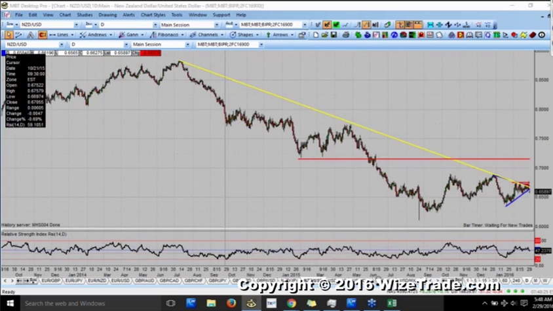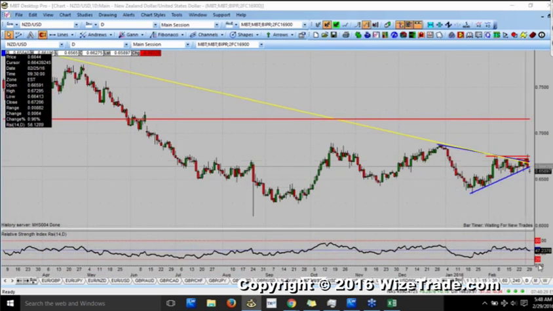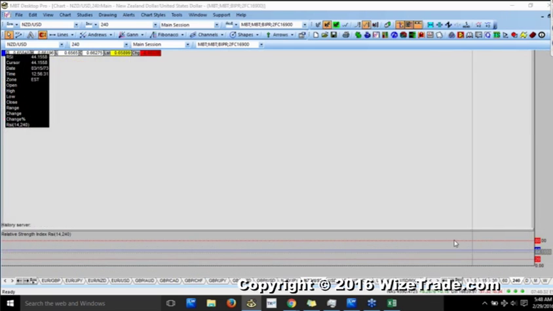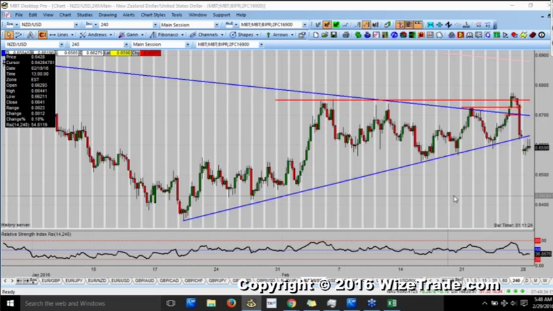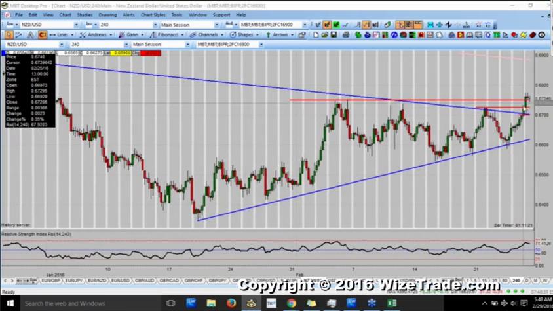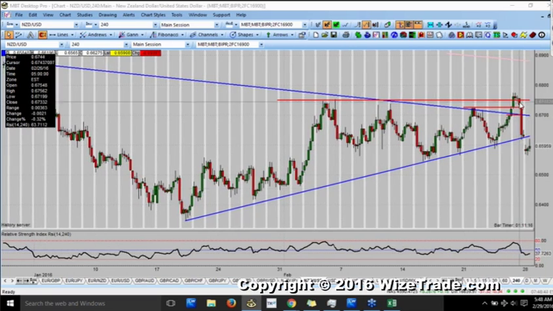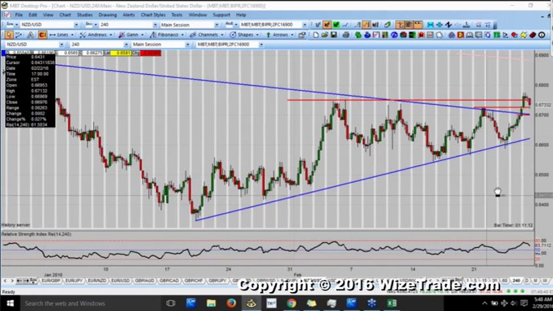I was long some Kiwi, and I got out of it early Friday, thank God, because on Friday we had this little breakout here, Thursday, Friday, and I got out because I wasn't comfortable. We were trading around 67 and a quarter or so. I wasn't comfortable that it wasn't holding, and it was before the news came out on Friday. Was it retail sales?